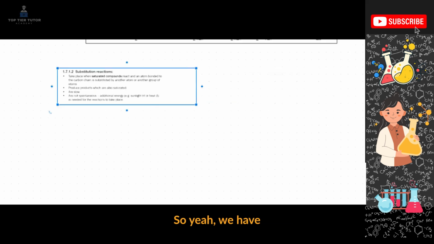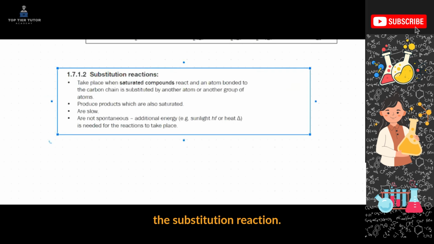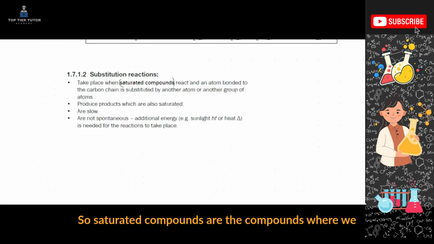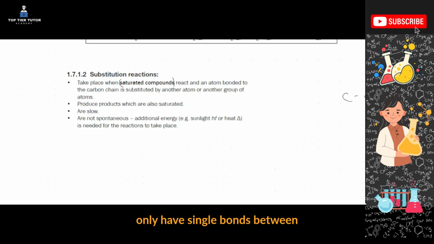So yeah, we have the substitution reaction. Substitution reactions only take place when we have saturated compounds. Saturated compounds are compounds where we only have single bonds between our carbons. So this means things such as alkanes, alcohols, and haloalkanes.